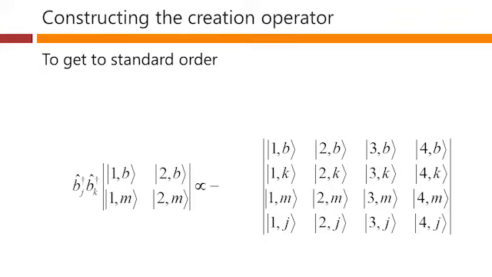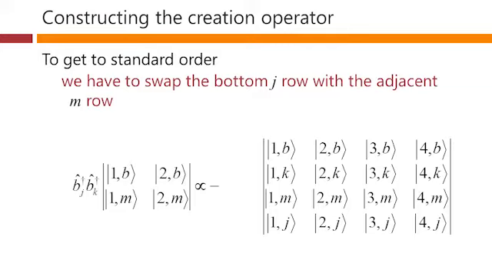To get to standard order now, with this result that we have just calculated by operating with these two operators on this state, we have to swap the bottom row with the adjacent row. We have to swap the J row with the M row. And in so doing, we'll be multiplying by -1.